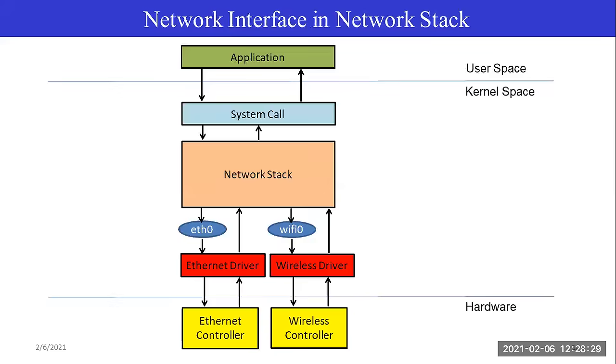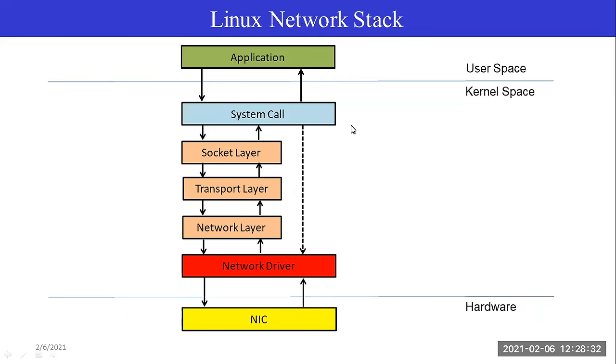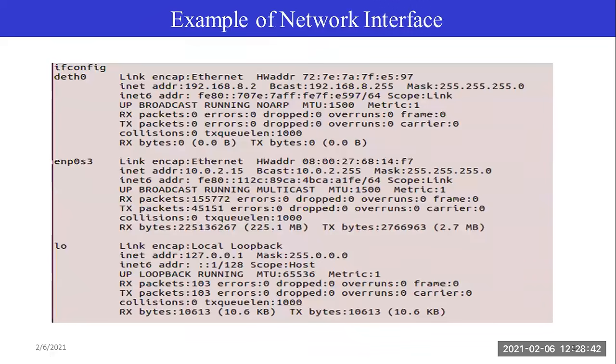That is why you can see in our previous slide that from the system call, there is a line directly to the network driver, and that is done through the IOCTL call. You may all be aware of the IOCTL call. That is one of the ways of communication between the user space application and the device driver. So through that, the ifconfig application can retrieve a lot of information from the driver itself, and the rest of the information is retrieved from the network stack.